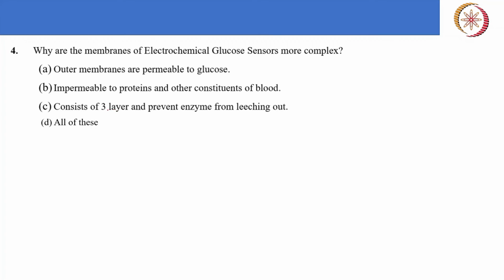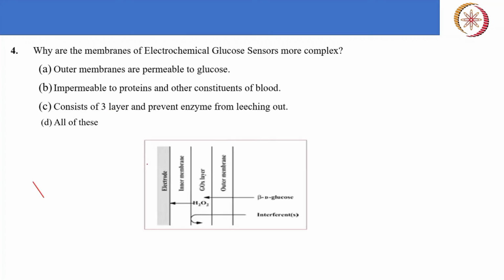So whatever we have learned from the class is that this is the glucose sensor electrode, which consists of three layers. The outer layer is formed of polycarbonate film.